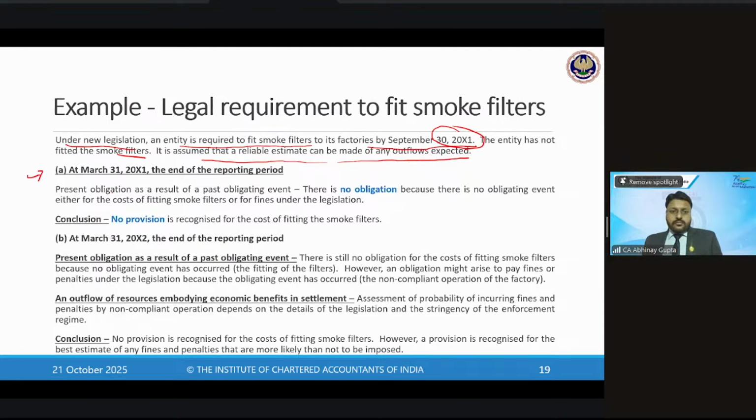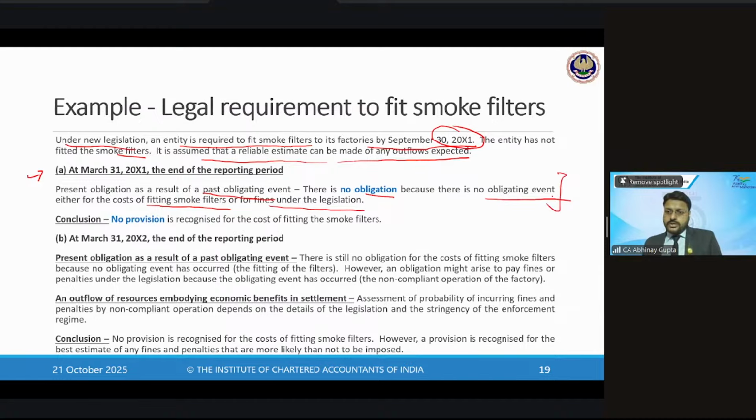Now, will there be any present obligation in this case? No, because there is no past event, right? There is no obligation because there is no obligating event, either for the cost of fitting smoke filters or for any fines under the legislation.